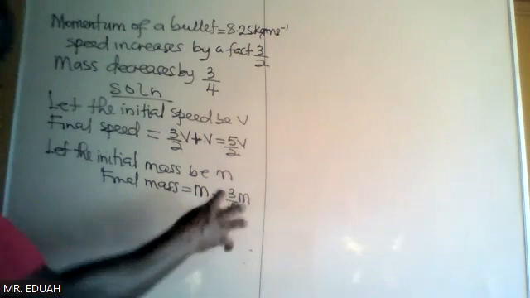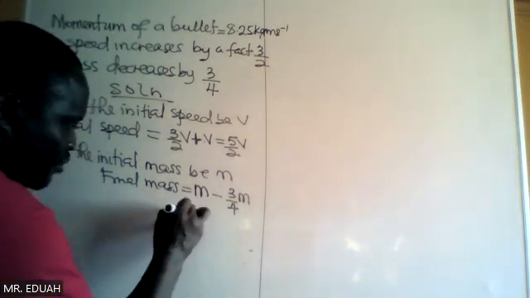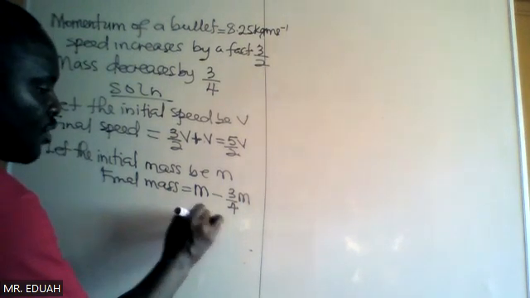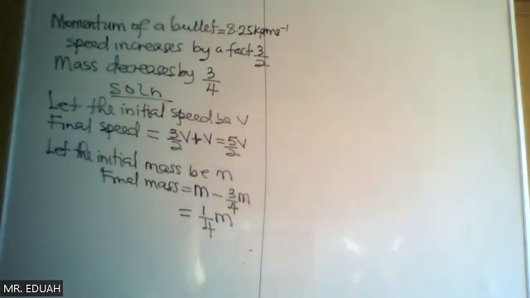So you subtract the fraction that will be removed from the original mass, and this will be equal to 1/4 of the original mass.